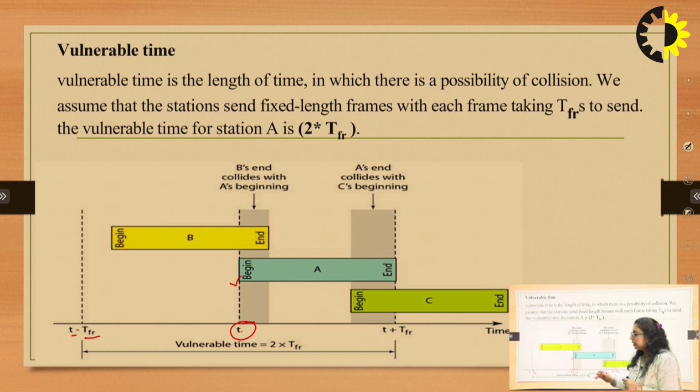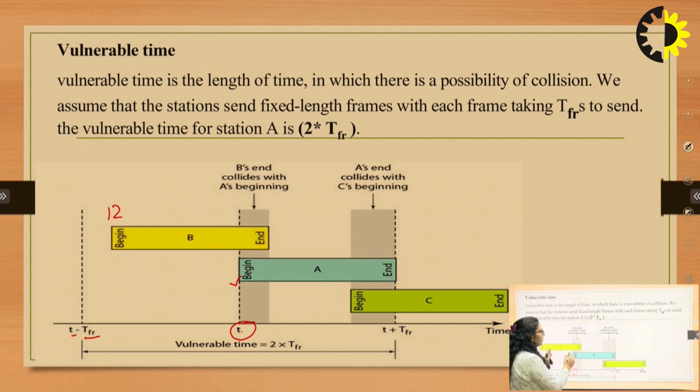We want there to be no collision. If this station started at 12 p.m., we know that at 12:10 the data will be received by the receiver. So within these 10 minutes there should be no transmission.